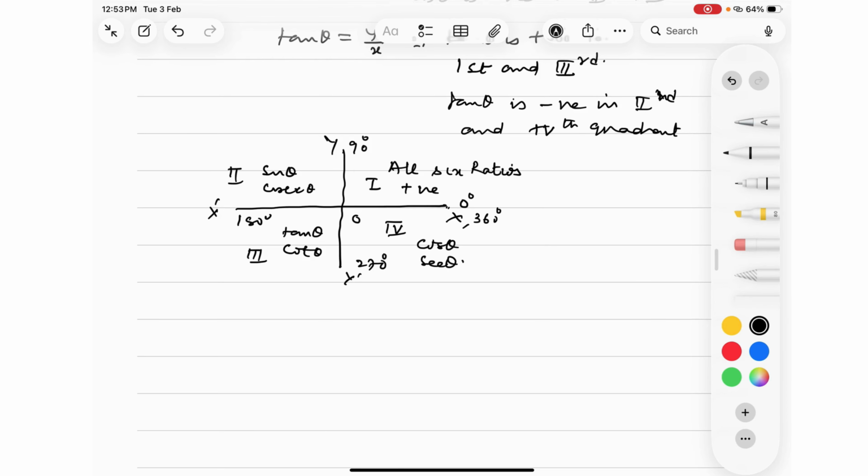Okay. Now, let us talk about the meaning of trigonometric ratios of quadrant angles.